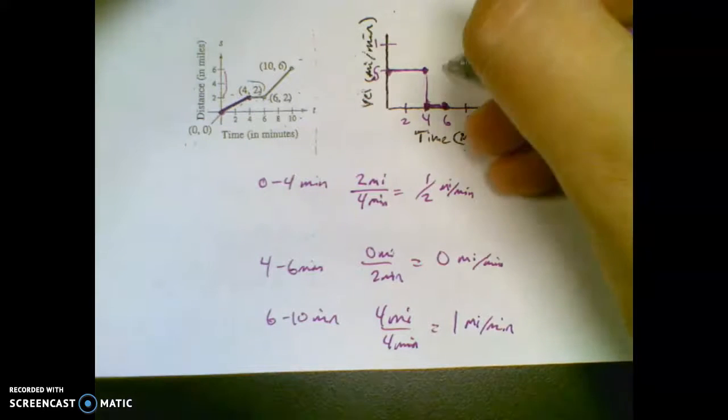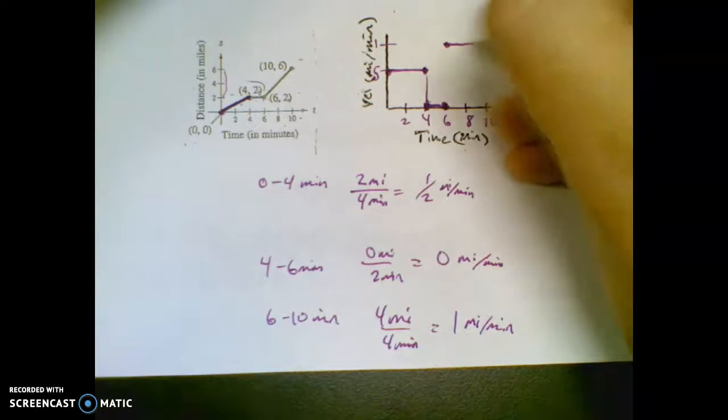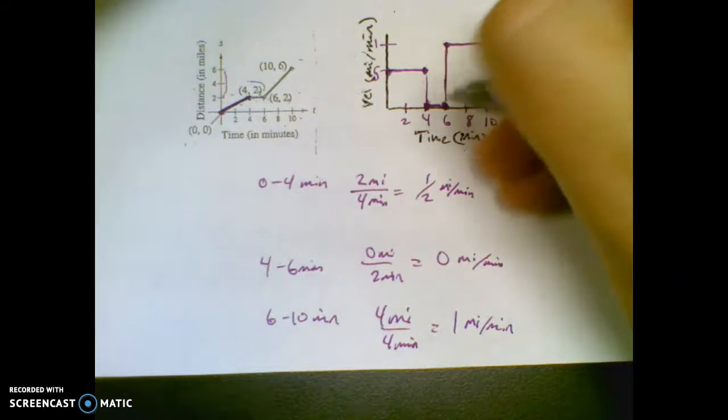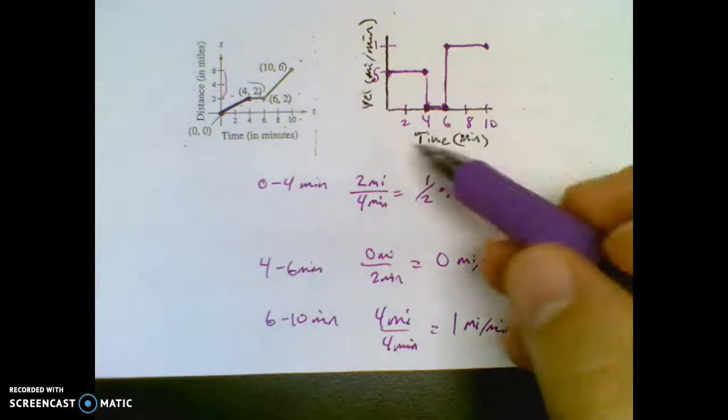So I'm going to go up here, and for that whole time from 6 to 8 or 6 to 10, I'm going at 1 mile per minute. So that's 60 miles per hour. And it jumps. This is a little unreasonable to think you jump like that.